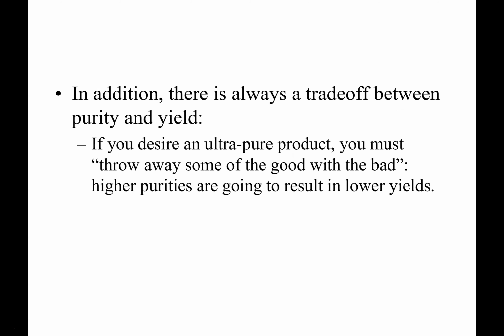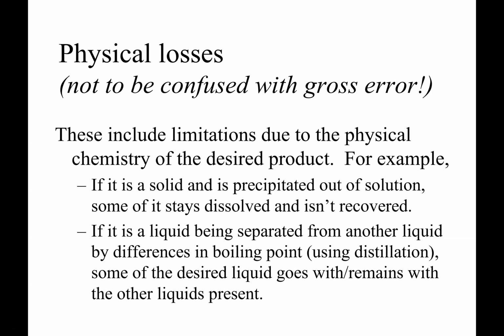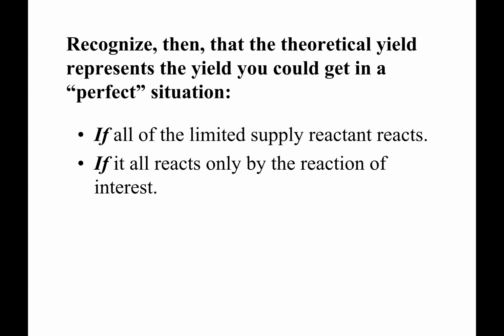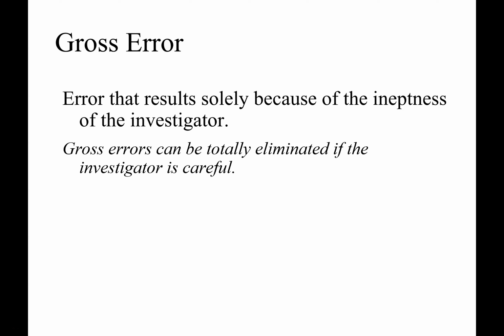So I have a slide called physical losses here. I want to contrast physical losses, which are inherent in your experimental design, with what I call the oops, or the crap, or you can use a different expletive if you want to. The shoot, yes. So actually those are called gross errors, and there's different types of gross errors, but they can also give you wrong yields. Okay.